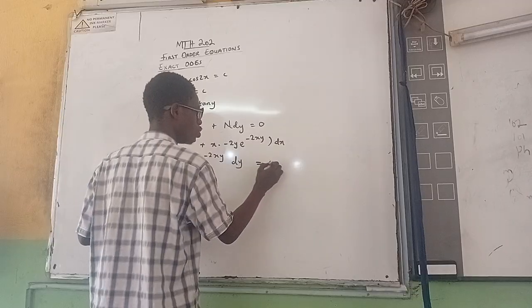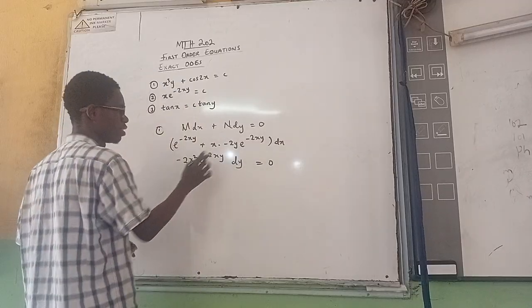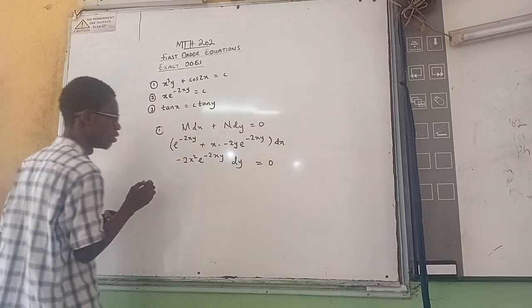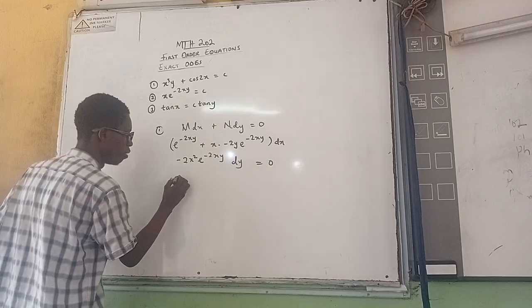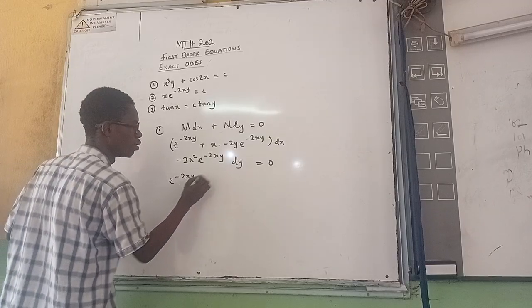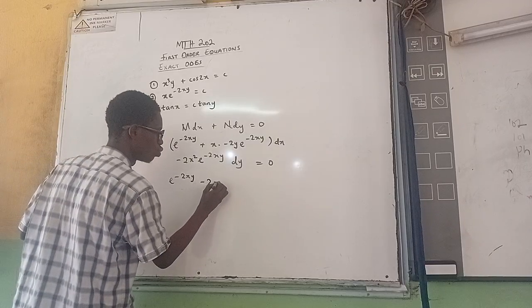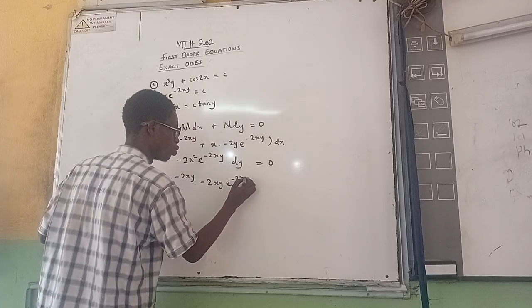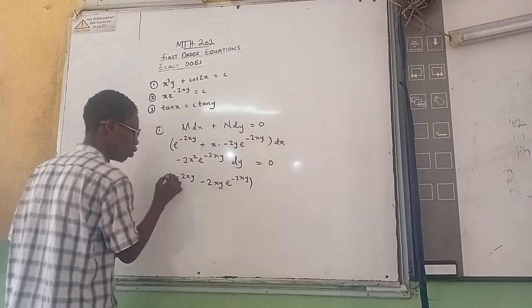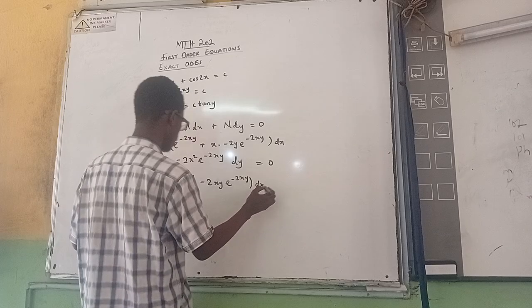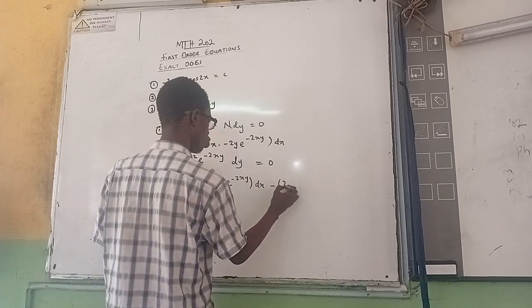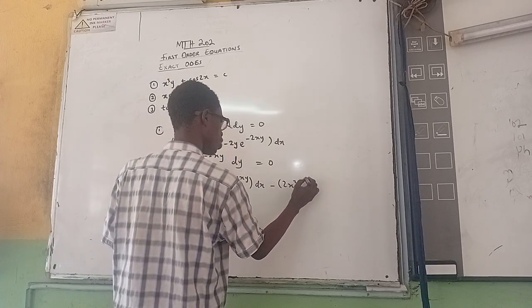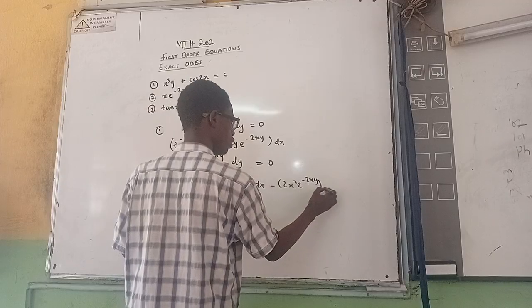Everything equals 0. So this is my M dx plus N dy; now let me simplify it please. E raised to the power minus 2xy minus 2xy e raised to the power minus 2xy, dx. This is the one we differentiated with respect to x. Minus 2x squared e raised to the power minus 2xy, dy.